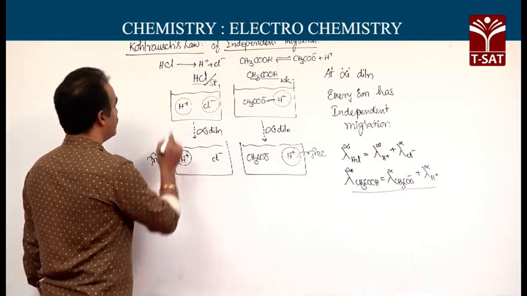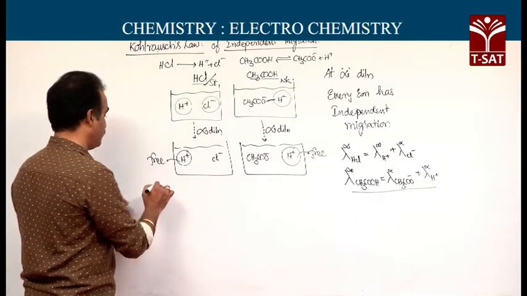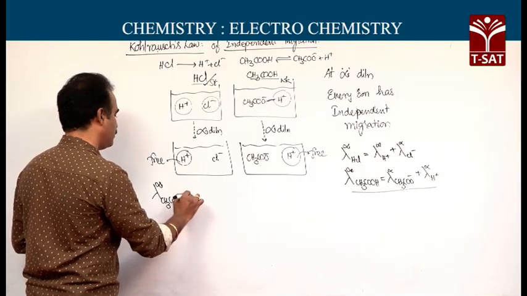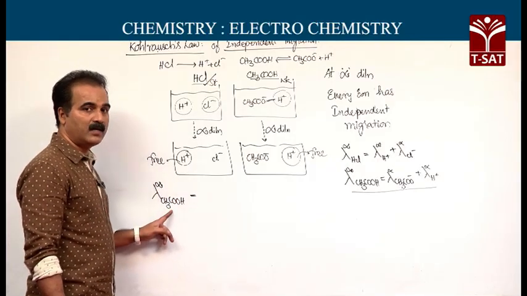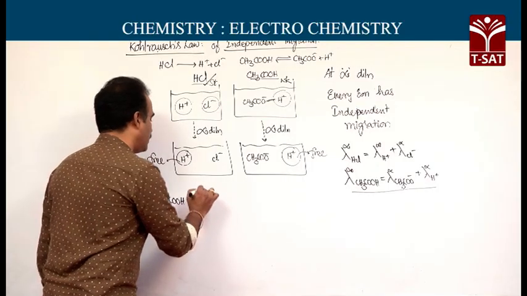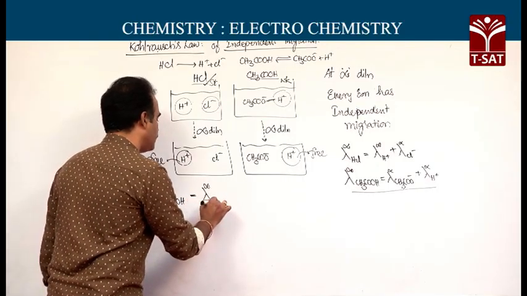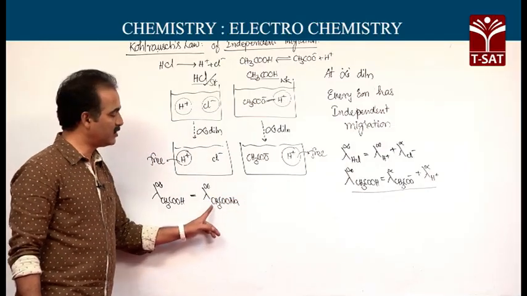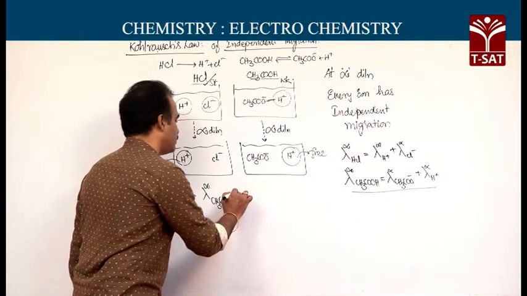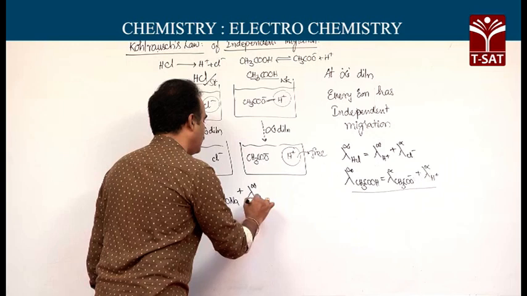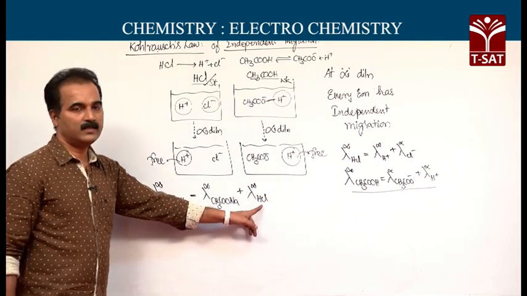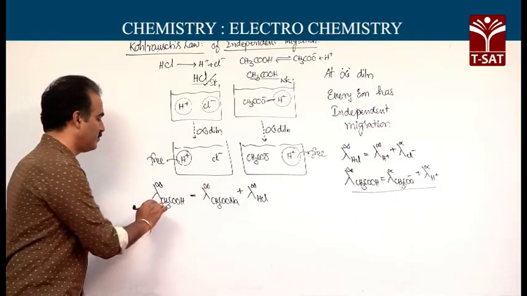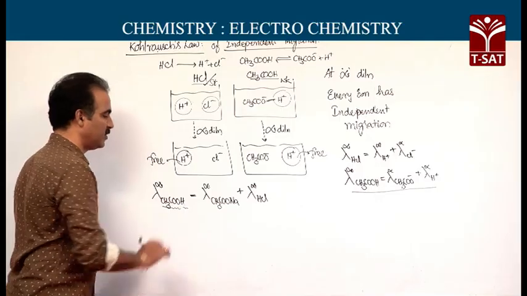So, you see what the application of Kohlrausch's law is. I want to know lambda infinity of acetic acid, that is, at infinite dilution what is the conductance of acetic acid, which is nothing but lambda infinity of CH3COONa, which is a strong electrolyte, a combination of acetate ion and sodium ion, plus lambda infinity of HCl, which is a strong electrolyte, a combination of H plus and Cl minus, but actually I want the contribution from acetate ion and H plus ion.